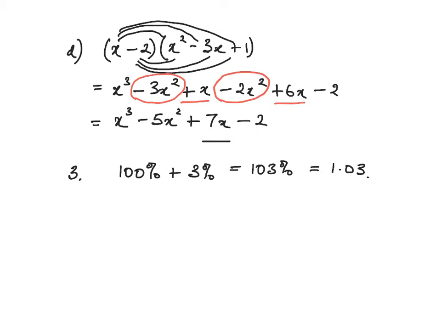Now, the new total is 680 multiplied by 1.03 to the power of 2, that's invested for 2 years. That gives us the answer 721.41.